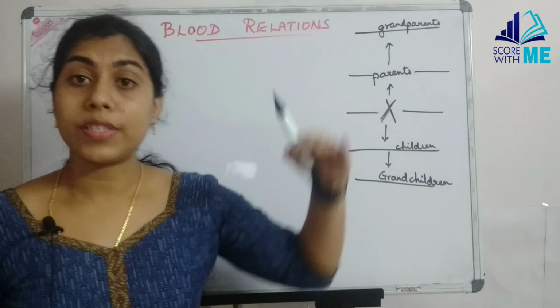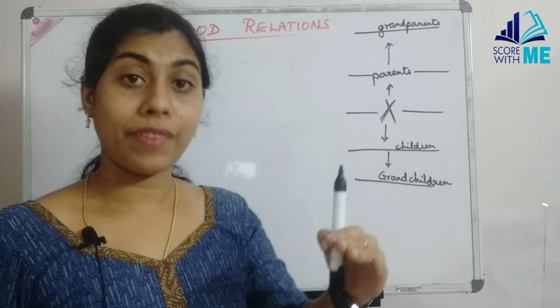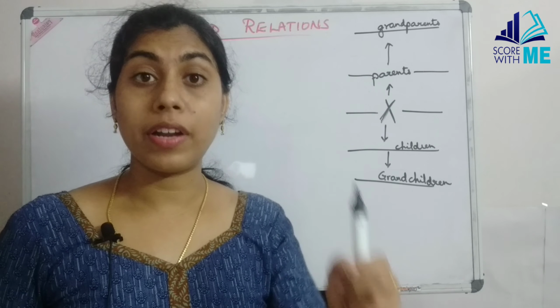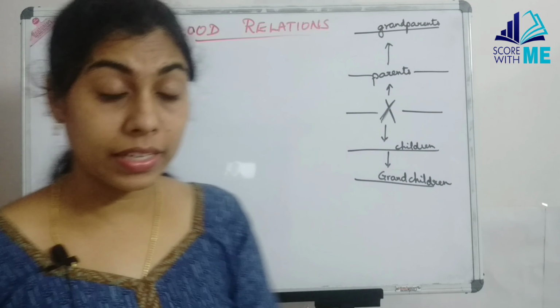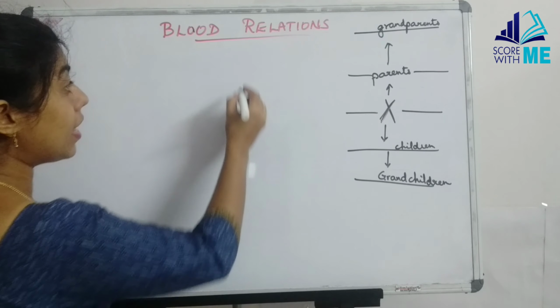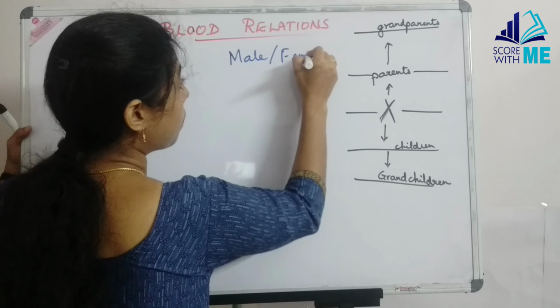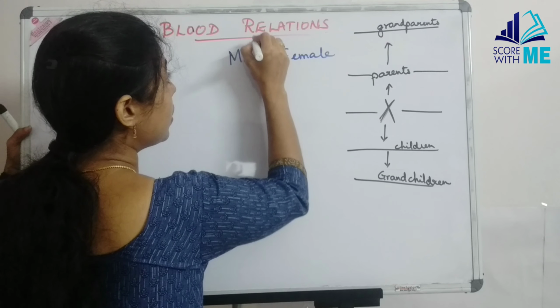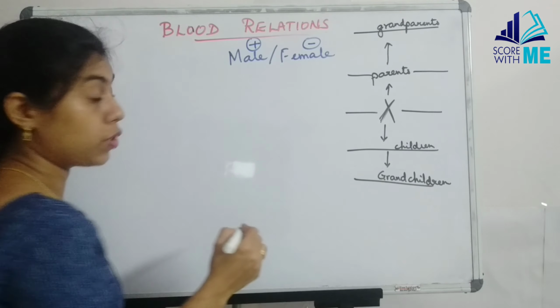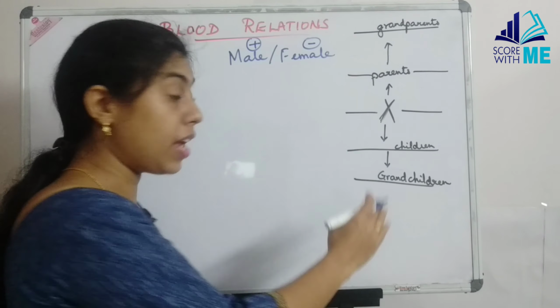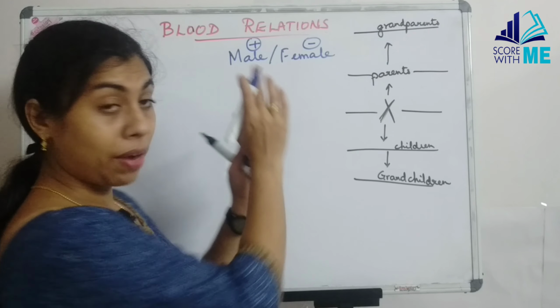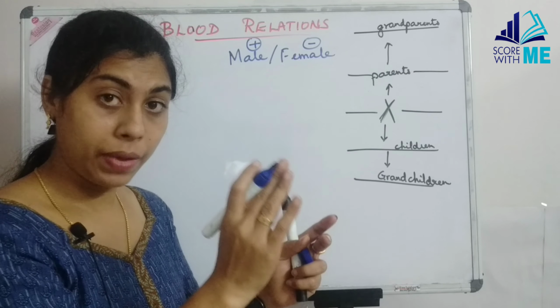As we plot the family tree, equally important is to know the gender of a person. For finding the gender, let us represent the male and the female with a positive symbol and a negative symbol. Whenever we are plotting the family tree, at the same time a plus for a male and a minus for a female should be indicated.